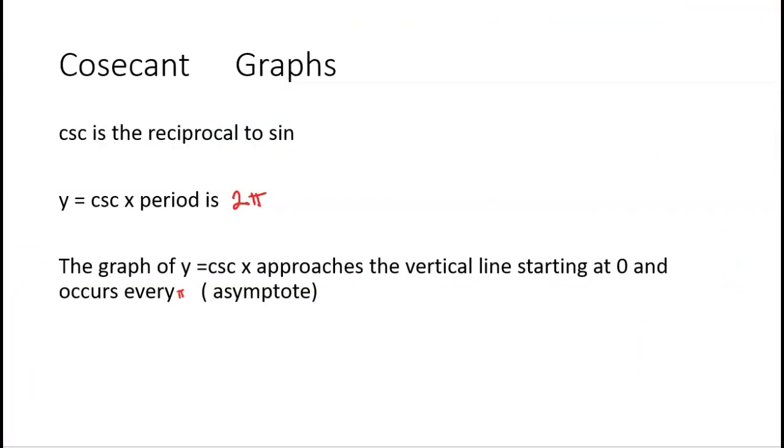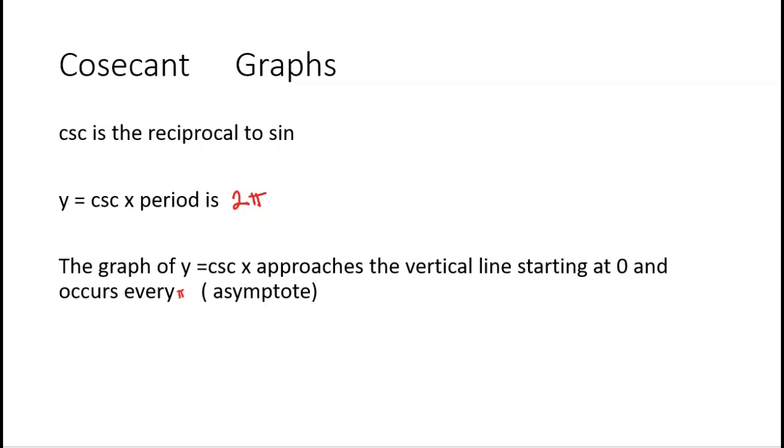So cosecant, again, is the reciprocal of sine, which means that the period is still 2 pi. And again, the graph of y is equal to cosecant of x approaches vertical lines starting at 0 and occurs every pi.